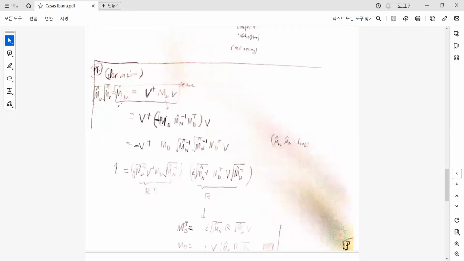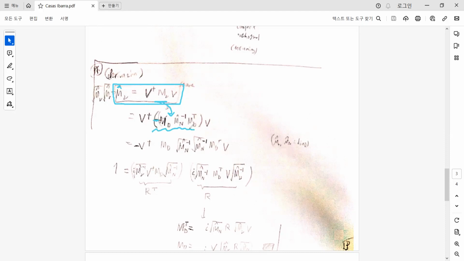So consider the diagonalization of the active neutrino mass matrix. With the diagonalized mass matrix, by these relations, it can be written like that, with the minus sign.